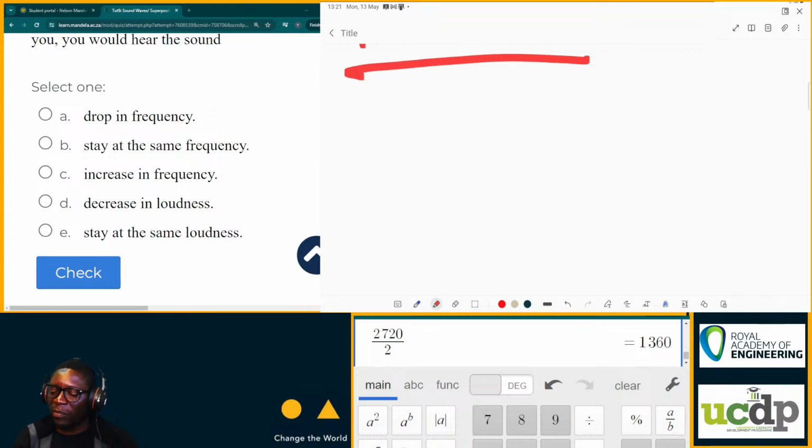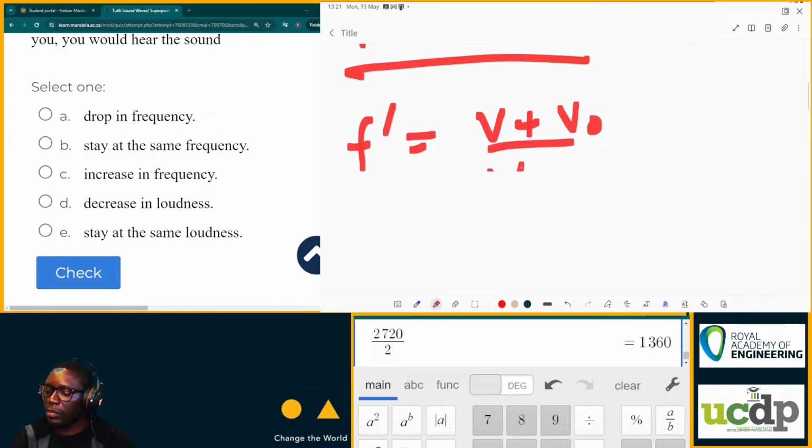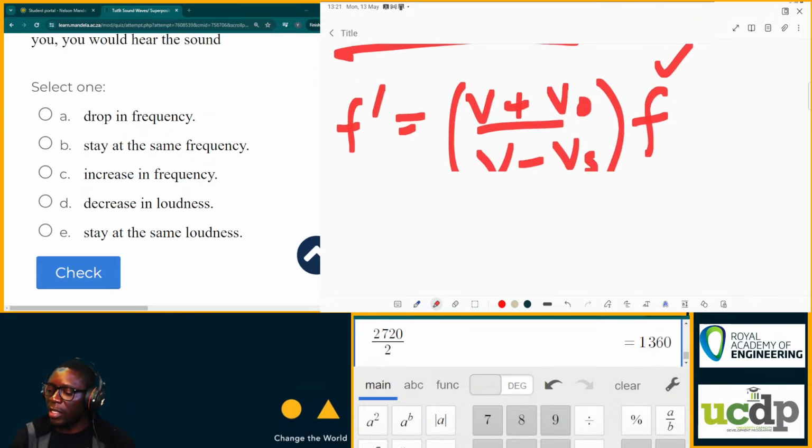Because the movement is not an acceleration, this is terminal velocity, there's no change in velocity, the observer will continue hearing the same frequency, which is the frequency shift that we calculated earlier using this expression. Whatever the source frequency is, the observer is stationary, and the source is coming towards the observer with terminal velocity.